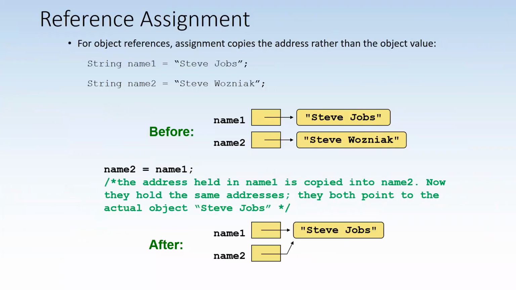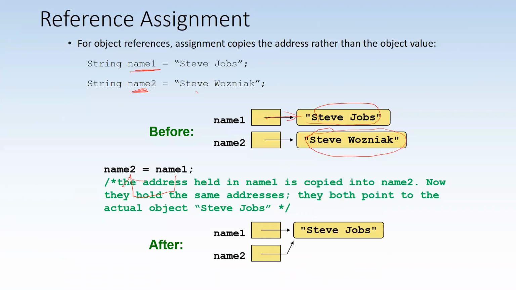Now let's look at this reference assignment, okay? Because this contains an address and this contains an address, this is pointing to somewhere in memory where it has this content, and this points to a memory here. Okay, so when you do this assignment, you are not assigning this actual string to it.